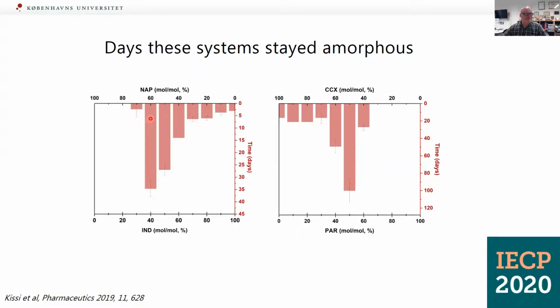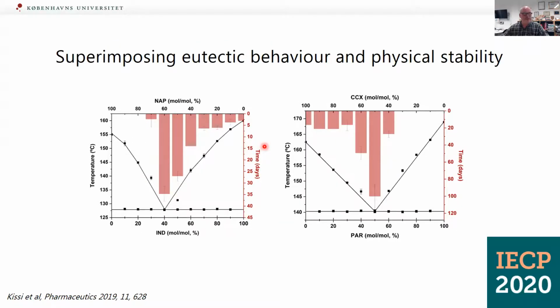So if we plot the stabilities as a function of the molar ratio of the two components for our systems, naproxen, indomethacin, and celecoxib paracetamol, we get this kind of stability for the various systems. And if we overlay this now with the eutectic behavior of the system, we see that the co-amorphous system at the ratio of the eutectic system for the two crystalline components also has the highest stability.